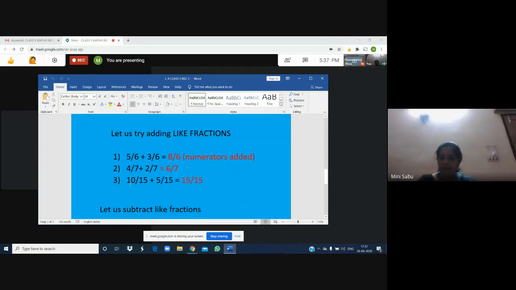Question number 3. 10 by 15 plus 5 by 15. Both are like fractions. No need to explain. You understood now. Okay. Then when you add the numerators, 10 plus 5, 15. So what is this fraction? 15 out of 15.